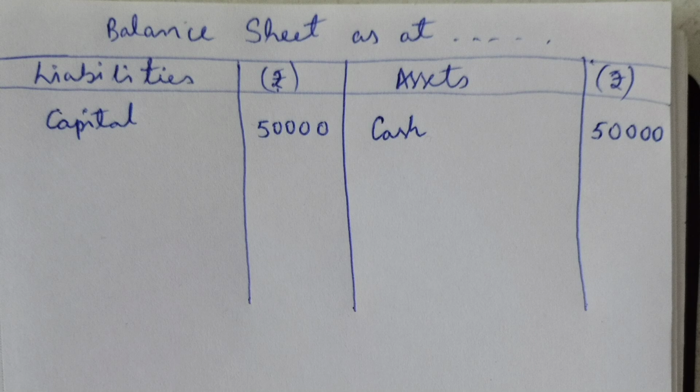Now, say for example, you want to buy a land, because you cannot just run a business in the middle of nowhere. You need a land, yes or no? So you wanted to purchase a land, but you found that you don't have sufficient money. So you decided to go for a loan to buy the land on loan basis. You have taken a loan from the bank, say for example.